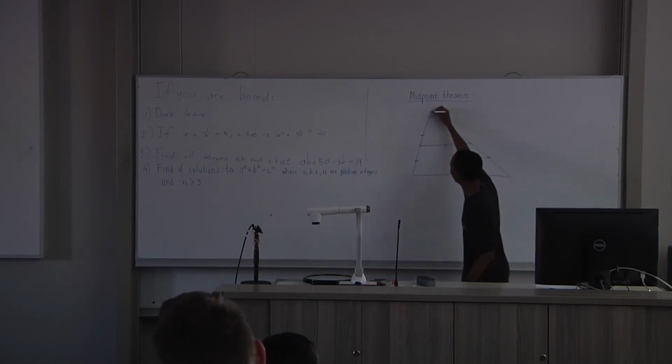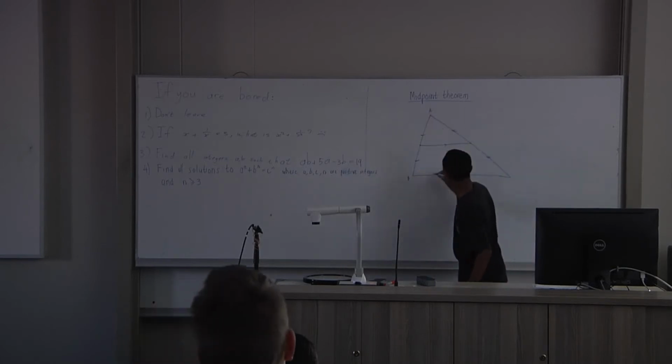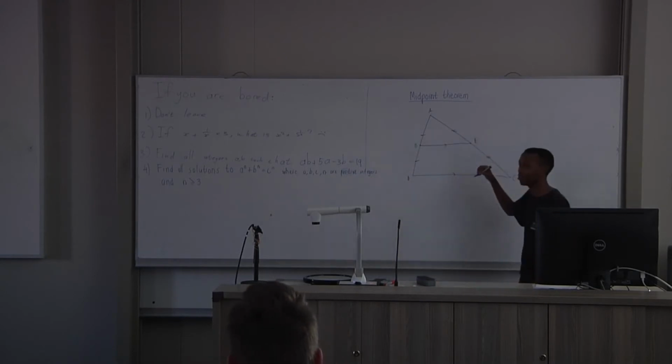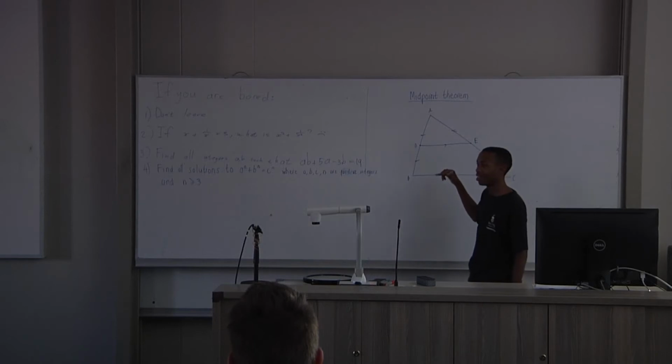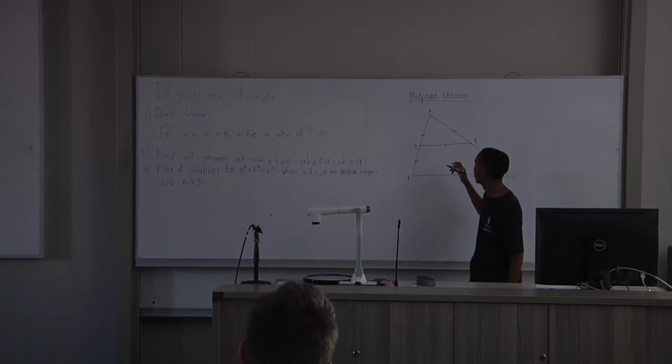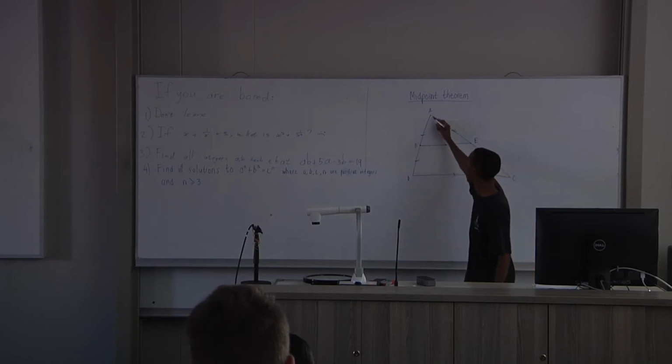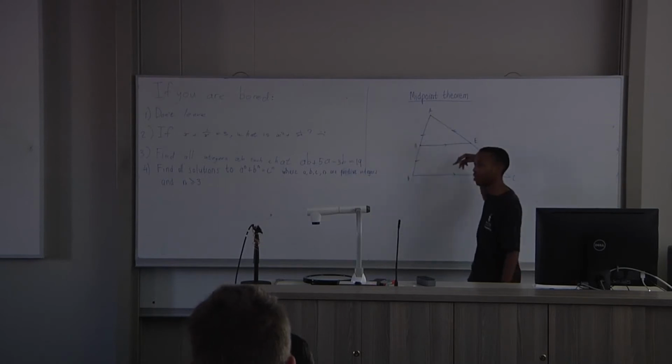Okay, let's label the triangle A, B, C, and maybe this D and E. Which two triangles have the same altitude? I'm saying the height from B to A, the perpendicular height, and from C to A is the same. But you can't have a height from a point to a point. It has to be from a point to a line.